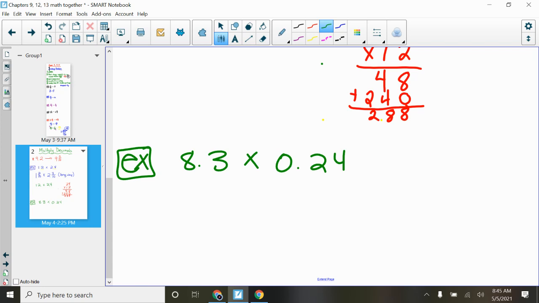So that 0 that's going to sit in front is not doing anything. It's not adding any value. So when you set up your multiplication, don't set it up as multiplying it by 024. 024 is the same as 24. So you would just set this problem up 83 times 24 and solve.